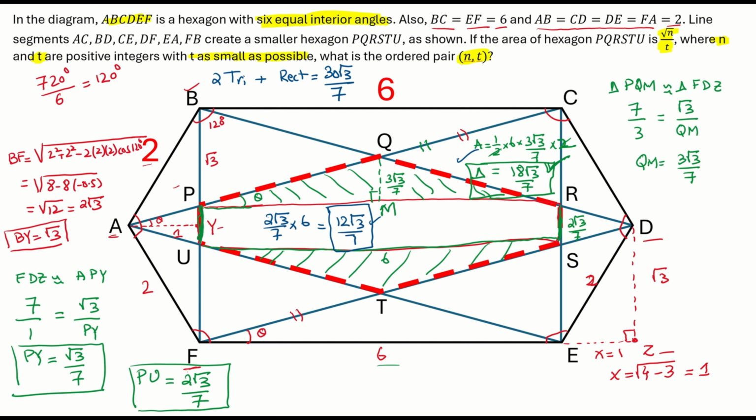Okay, now in the problem they are asking us for a specific form of the area, that it should be in the form of root n over t. So we have to convert this 30 root 3 into the form of just a square root of an integer. Okay, we can do that by just squaring the numerator and figuring that out.